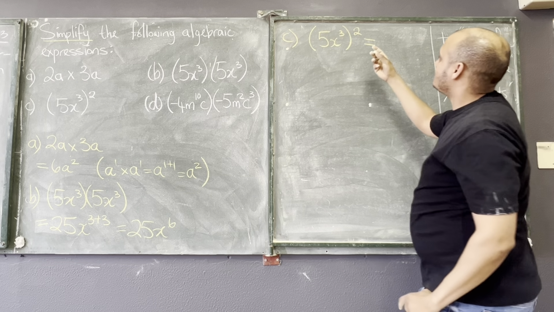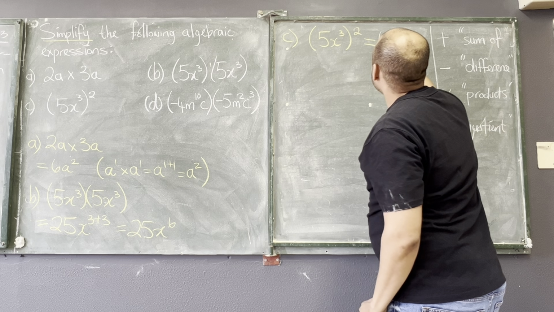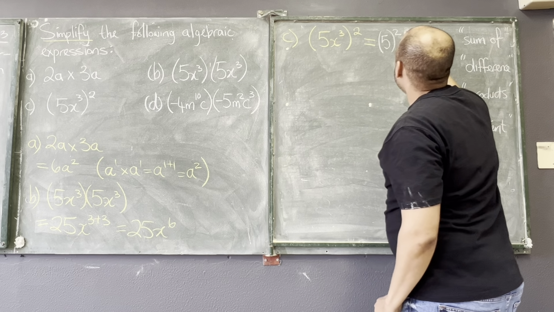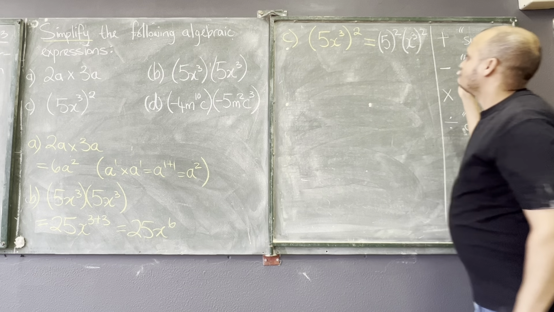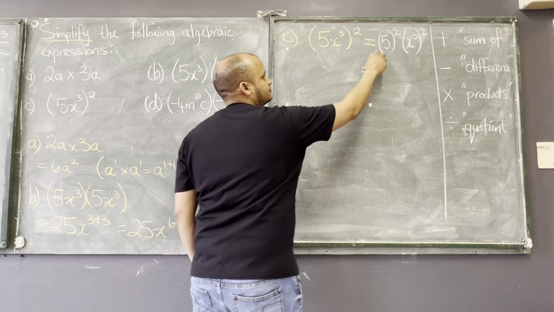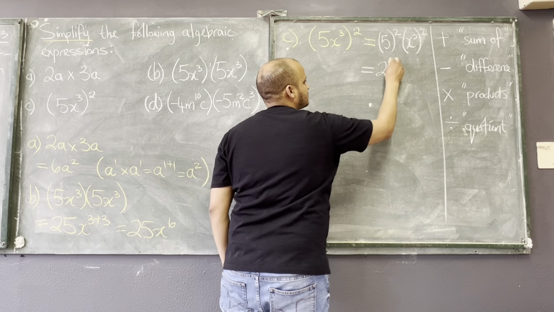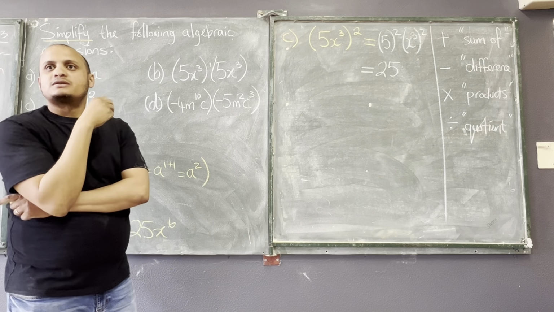So if I apply the law, I'm going to have to raise 5 to the power 2, and I must raise the other factor to the power 2. Now, this simplifies then to 25 and x to the power 6.